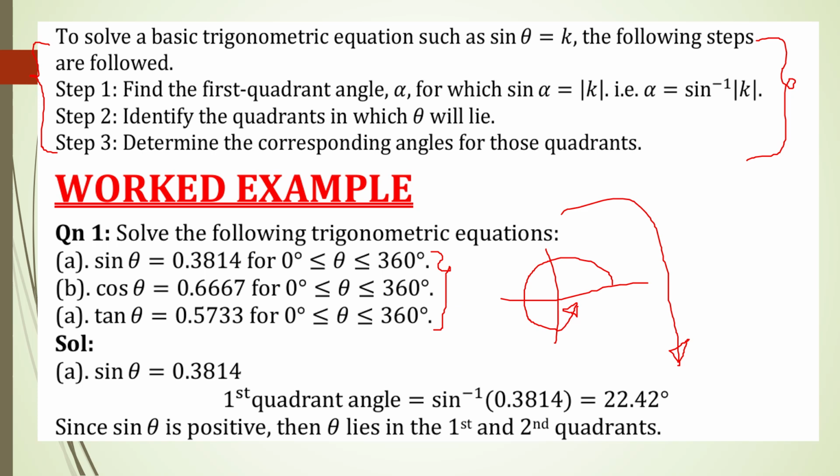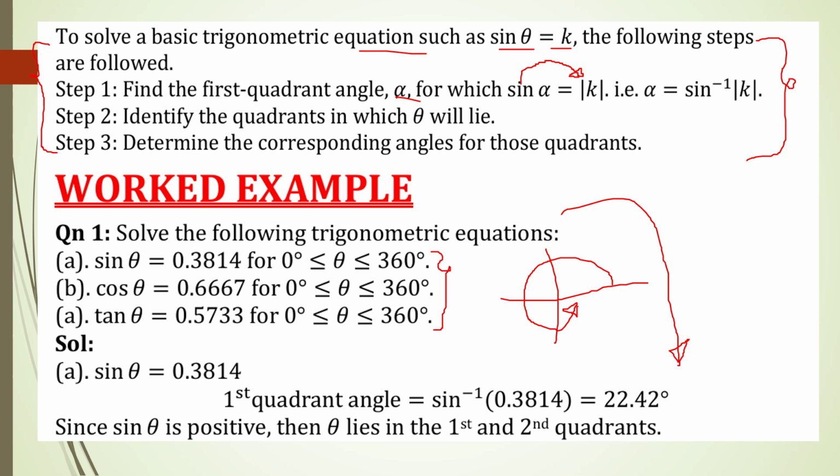For the first step, to solve a basic trigonometric equation such as sine theta equal to a given constant, the following steps are going to be followed. First we find the quadrant in which the angle is going to be lying. You find the angle simply by taking sine on this side. When sine crosses the equal sign, it becomes arcsine.